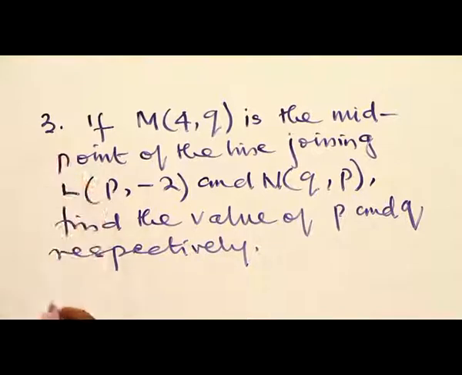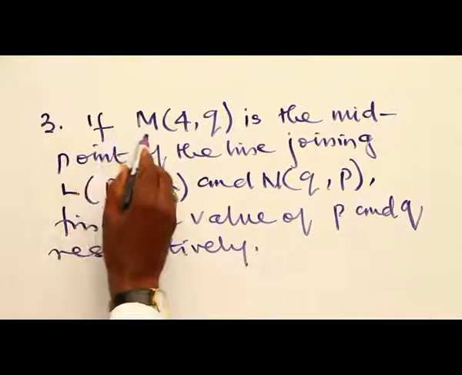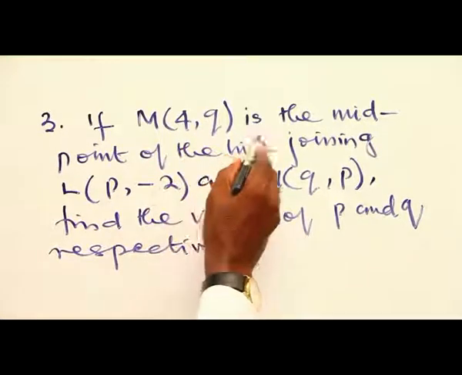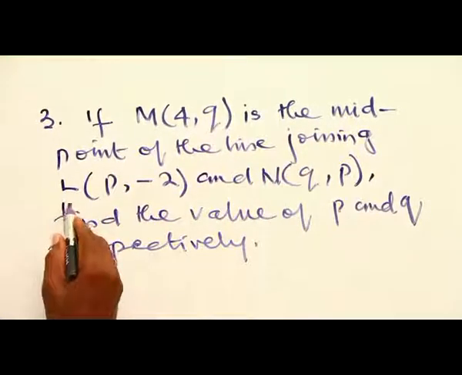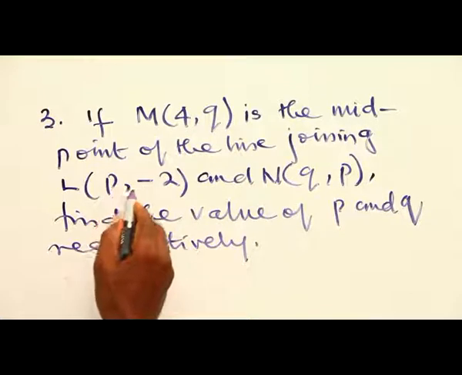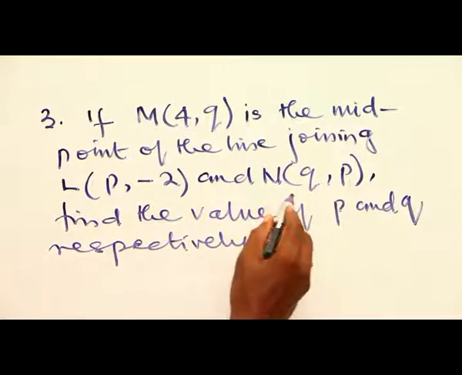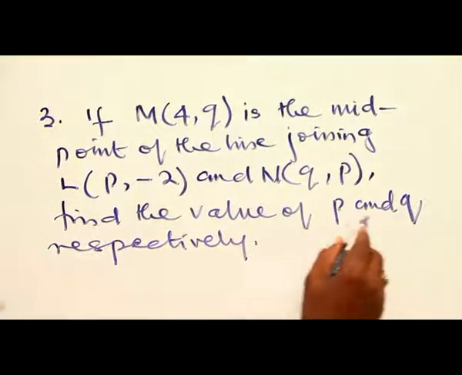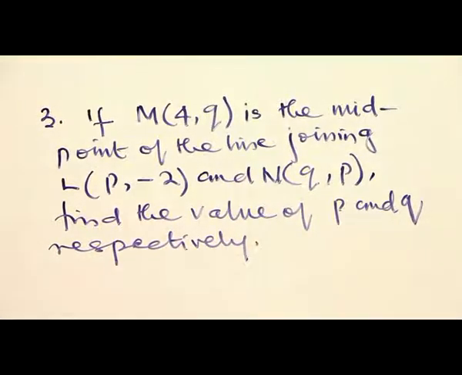Example number 3. If M is a point (4, Q), the midpoint of the line joining (P, minus 2) and (Q, P), find the value of P and Q respectively.